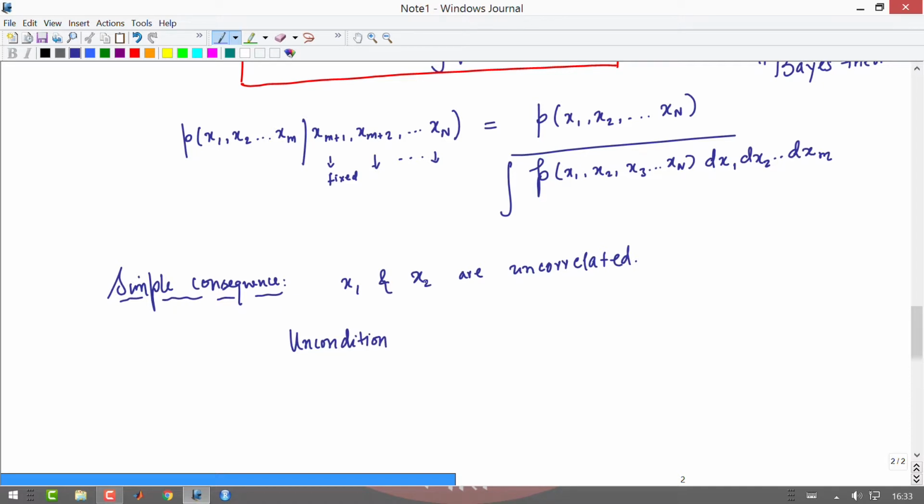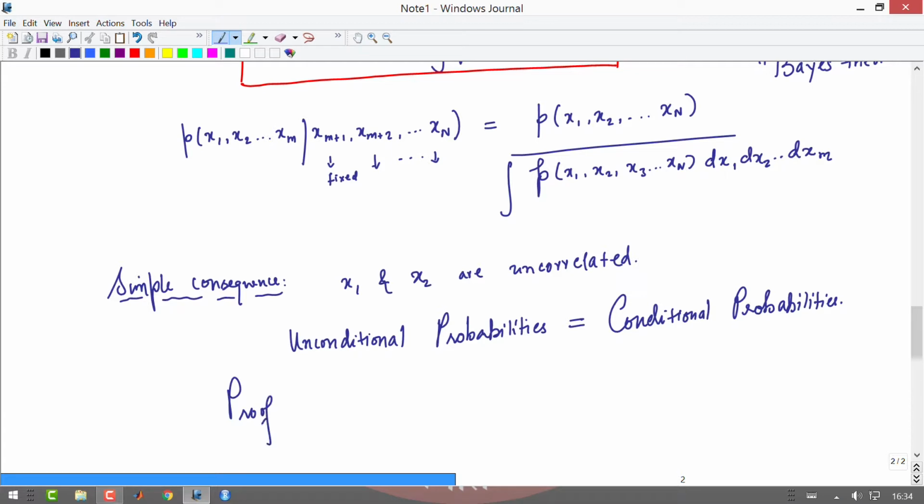This applies to n random variables. I am just proving it for two variables. Okay. Now this can be very easily proved by looking at the Bayes theorem. So Bayes theorem for just two variables would be the relationship between conditional probability and the unconditional probability.